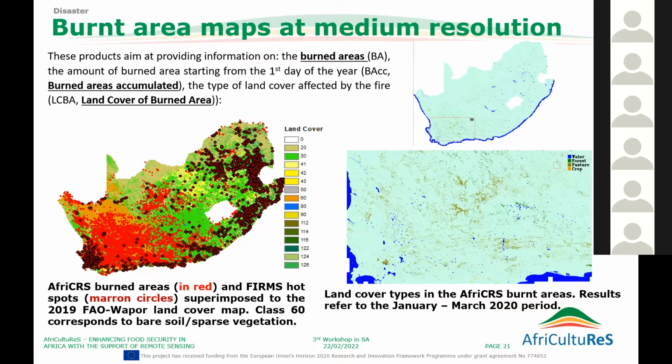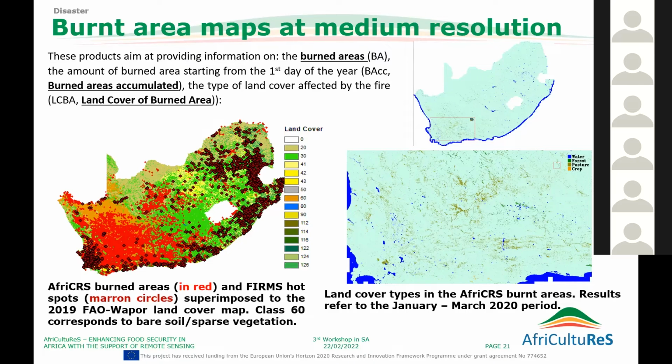For testing the procedure, we are providing the one at high resolution just for Tunisia. The one at medium resolution comes from the Copernicus product, provided within one of the Copernicus services.